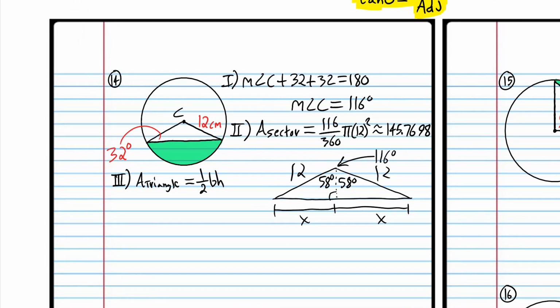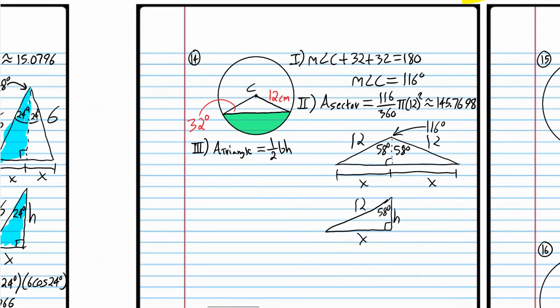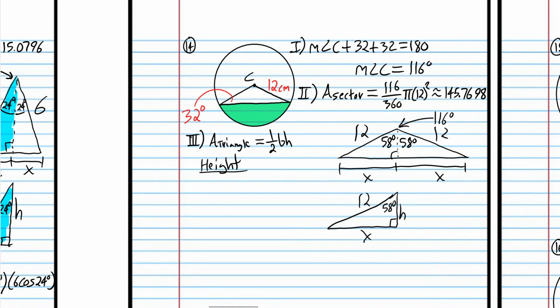And take out the left triangle, and now we're going to find the height. The height, we're going to use adjacent and hypotenuse.